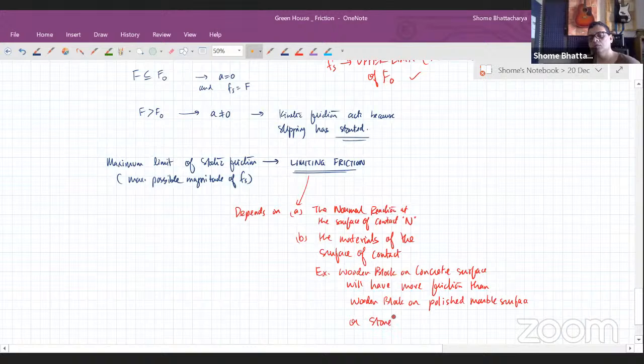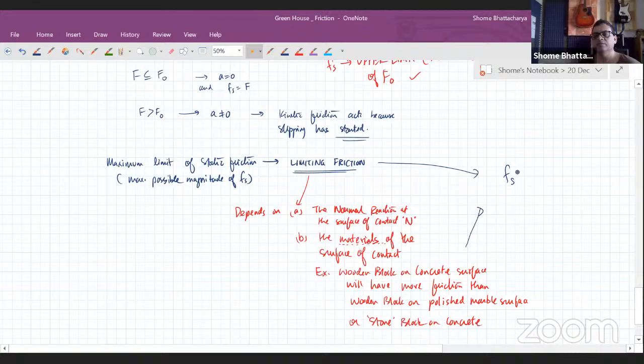Or a stone block on concrete, because it depends on the nature or the material of both the surfaces, the block surface as well as the ground on which the body is lying. It depends on the materials of both of them. So we have a formula for this, and that shows how it depends on these things.